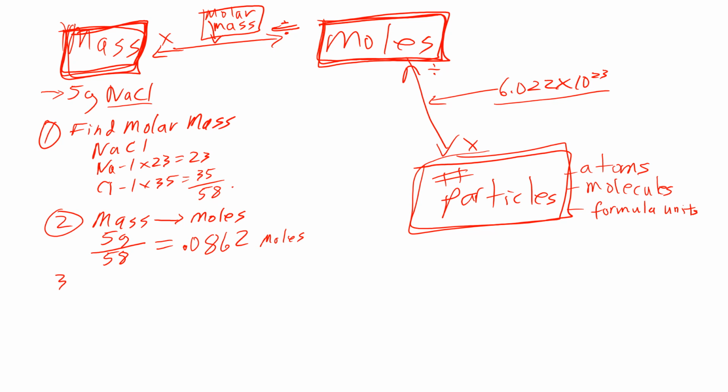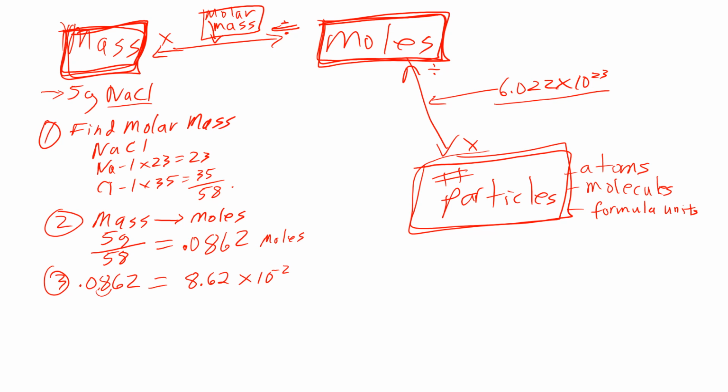So step 3, let's get this in scientific notation. We'll just work this out here so you can see it. I need one number in front, 8.62 times 10 to the, I had to move the decimal 2 places to the right, so that's to the negative second.